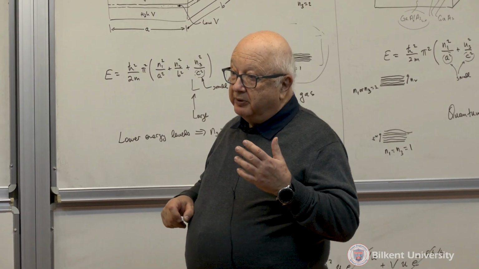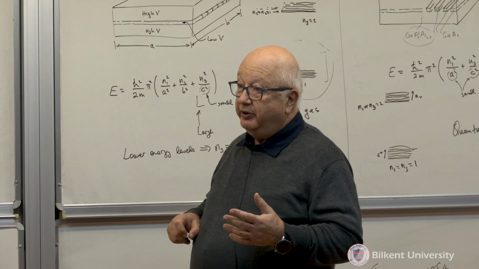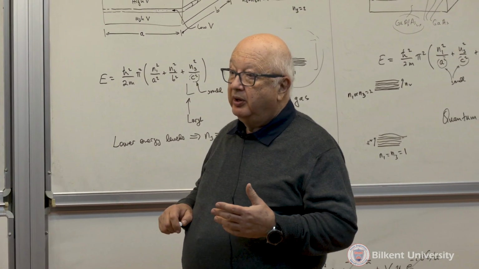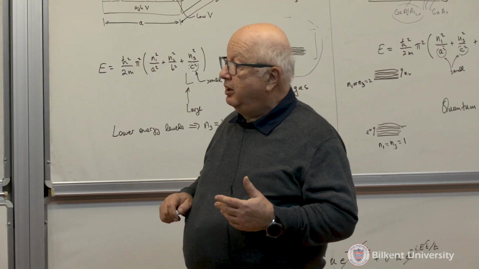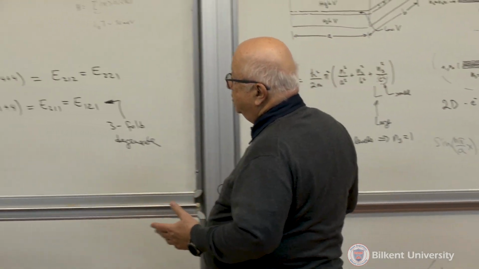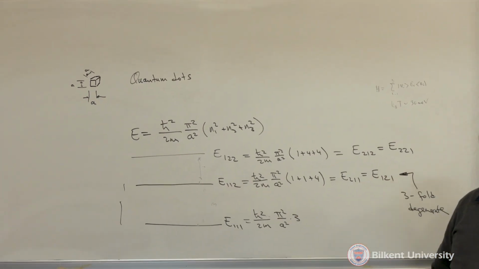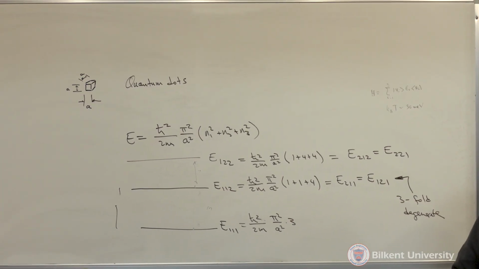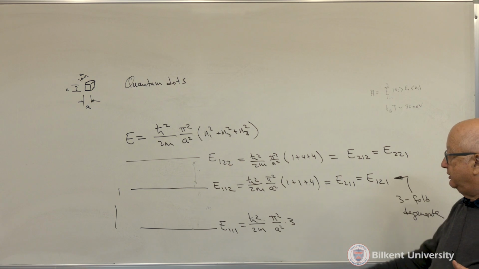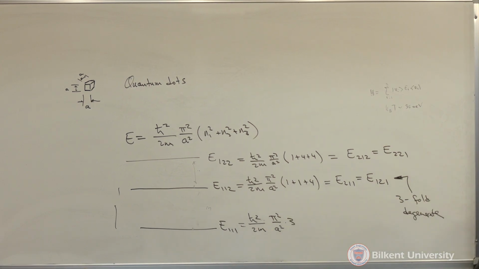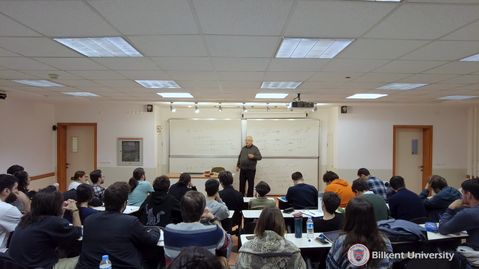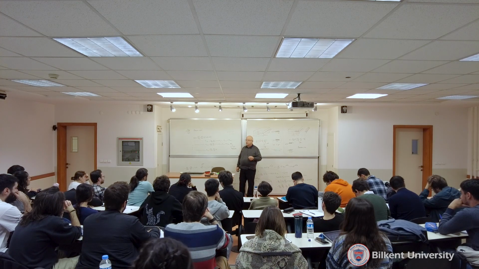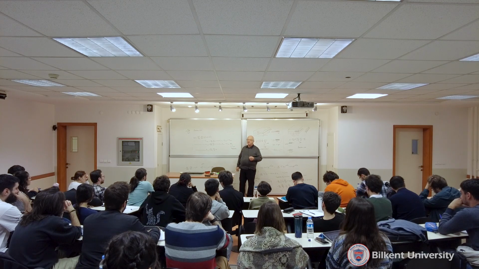The problem becomes more interesting when you have more than one particle in it. If you have more than one particle in the system and you want to put the particles into the lowest possible energy states, if I have a single particle, then it's obvious. It has to go to E111. If I have a second particle, I want to put it into the lowest possible energy state.